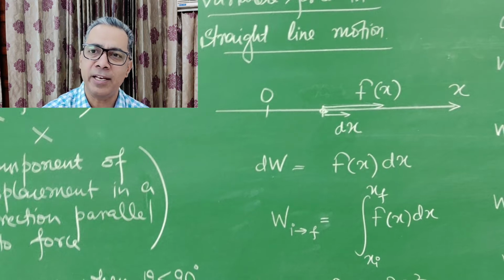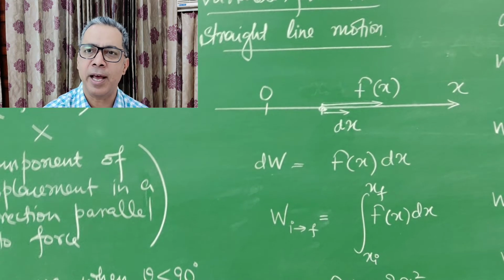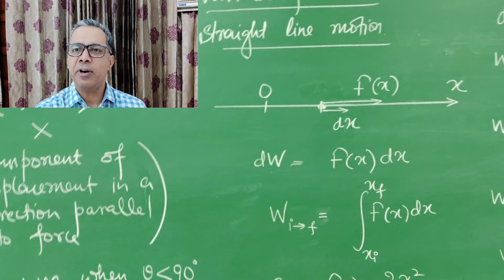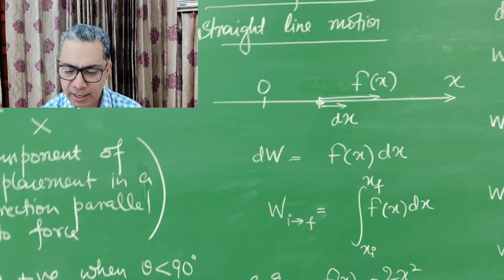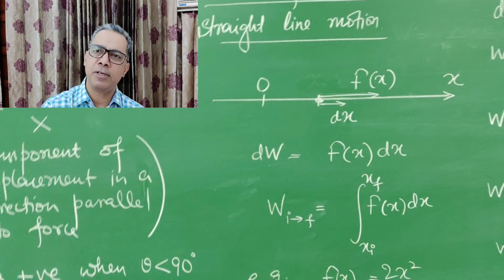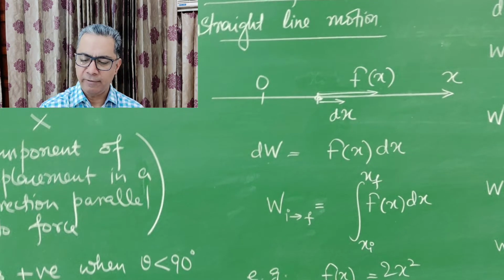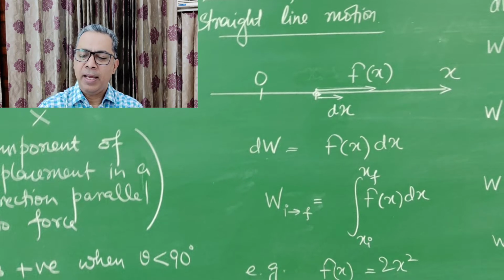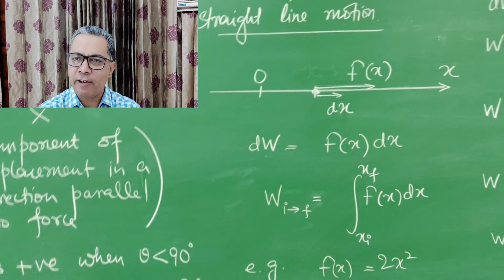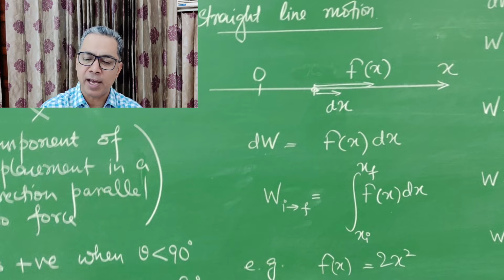If the force is in negative x, you substitute it as negative. And the same for dx. If dx is in positive x, you substitute it as positive, and if dx is in negative x direction, you substitute dx as negative. So work done comes out as the integral of F(x) dx from the initial point xi to the final point xf.